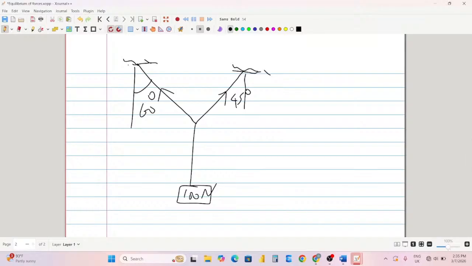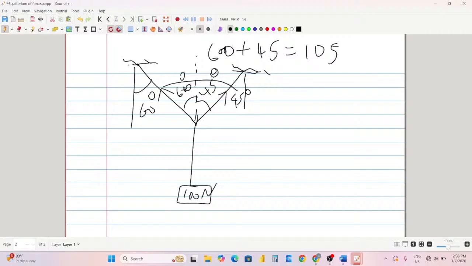Taking this question again, we know now that completing an imaginary line here, this place is 60 and this place is 45, so the total angle, which is our gamma, is 60 plus 45, which is 105 degrees. Then because this was T1 and this is T2, we can get our alpha as 180 minus 45, that should be 135.